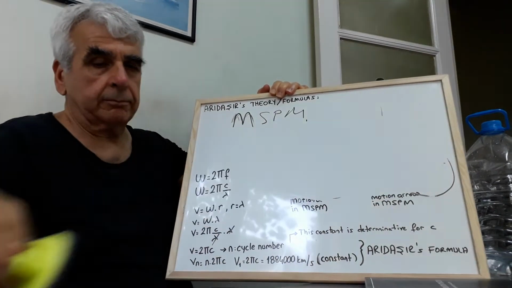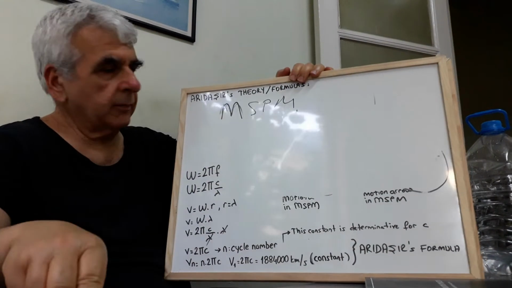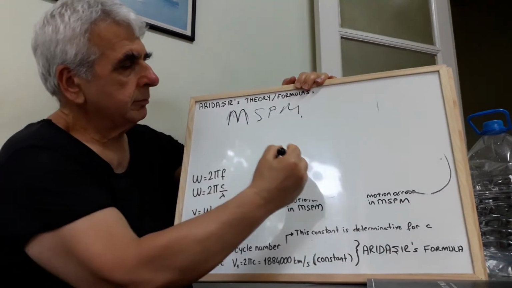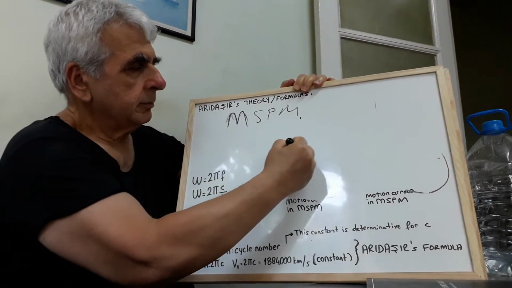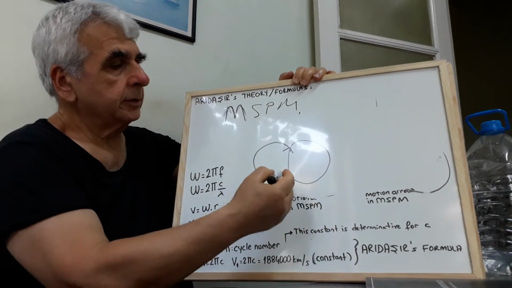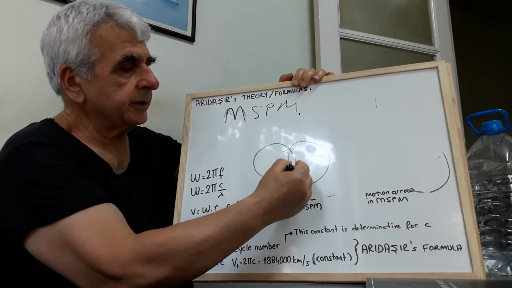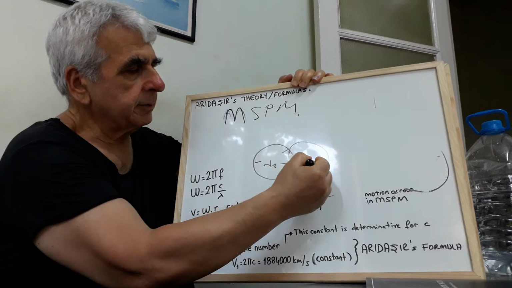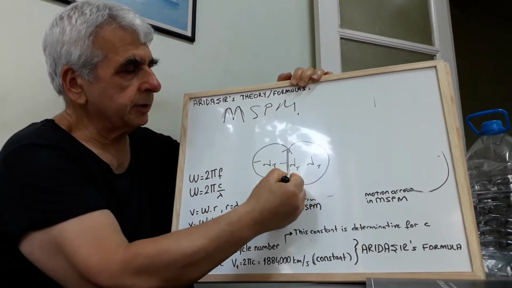Now, this is first electron motion form, has lambda 1, radius lambda 1. This is motion arrow.